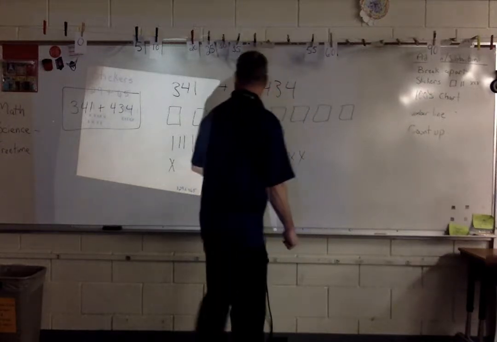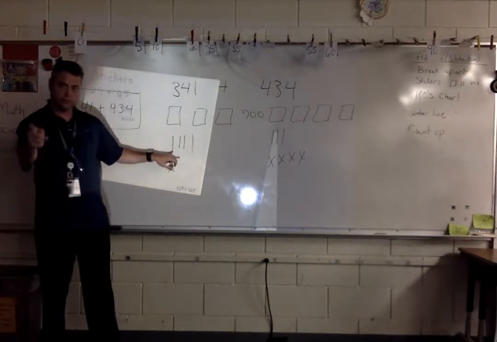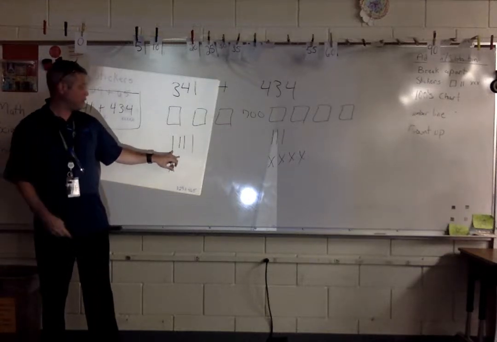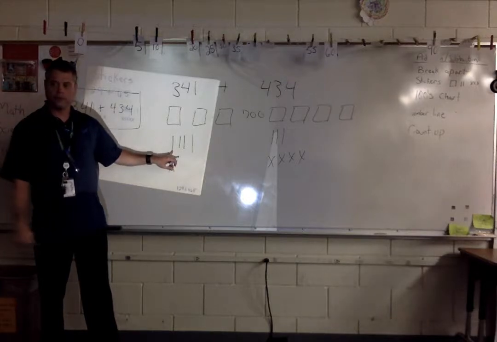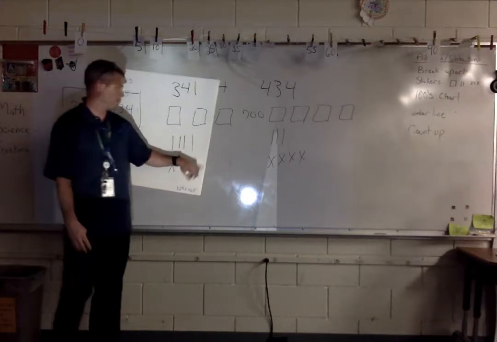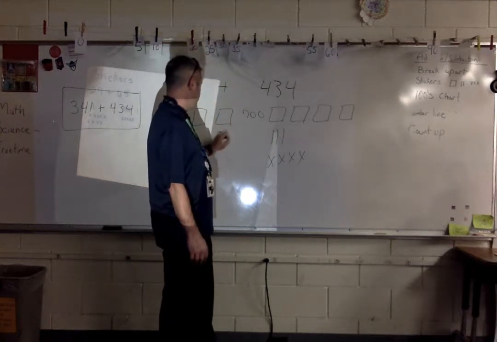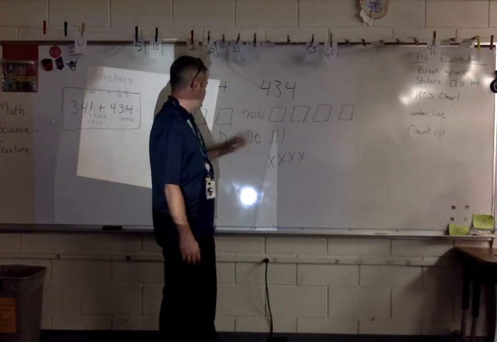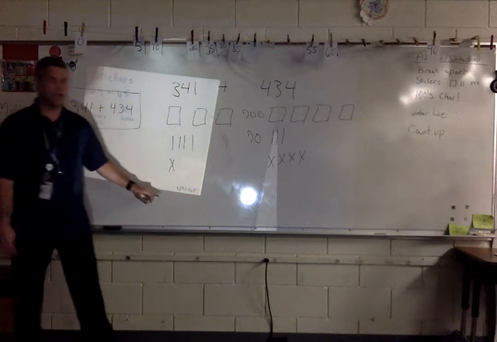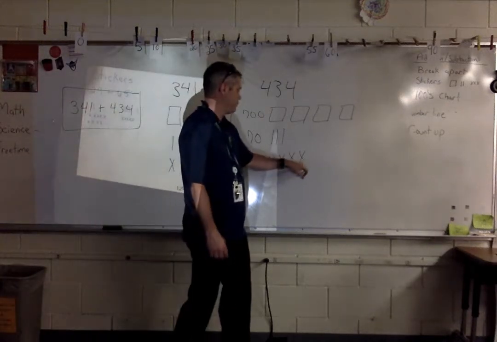I'm going to put that right there in the middle. How many tens, Jess? Let's just count the tens real quick. 10, 20, 30, 40, 50, 60, 70. And Jesse? 1, 2, 3, 4, 5.